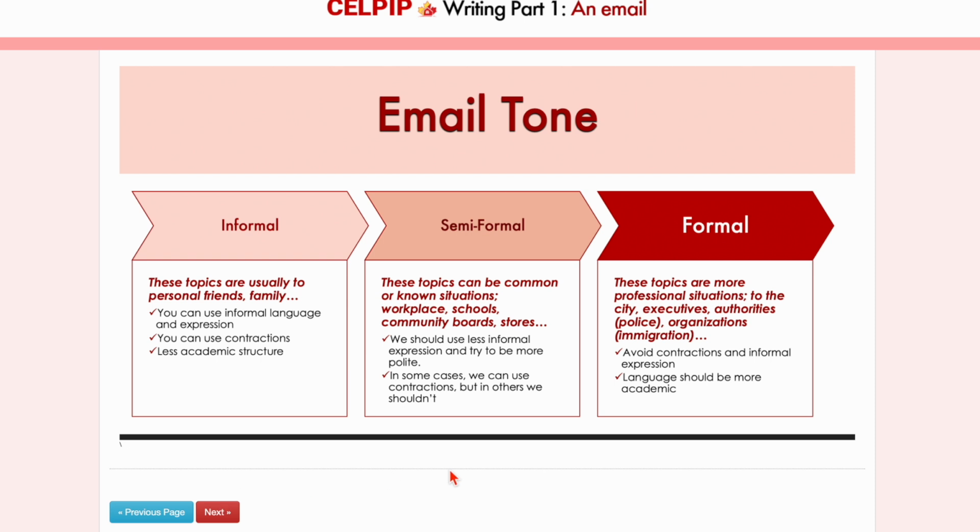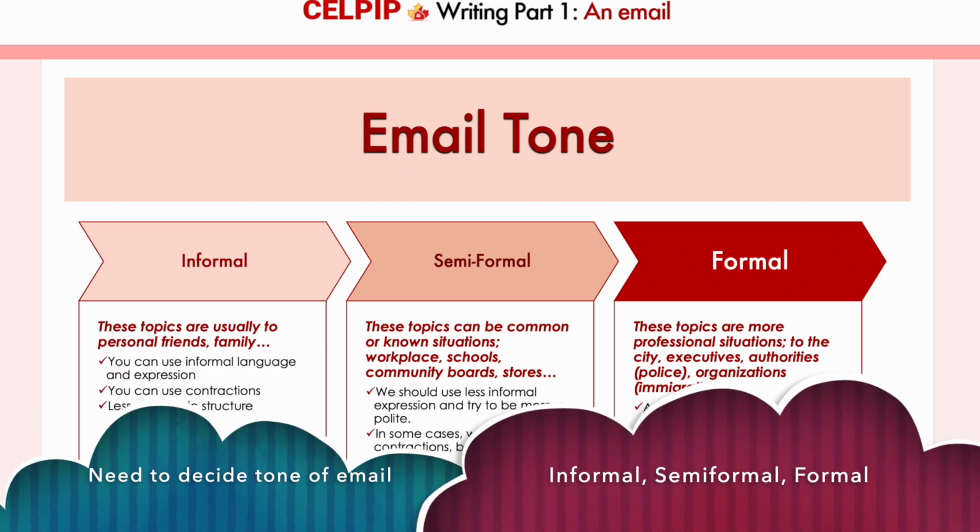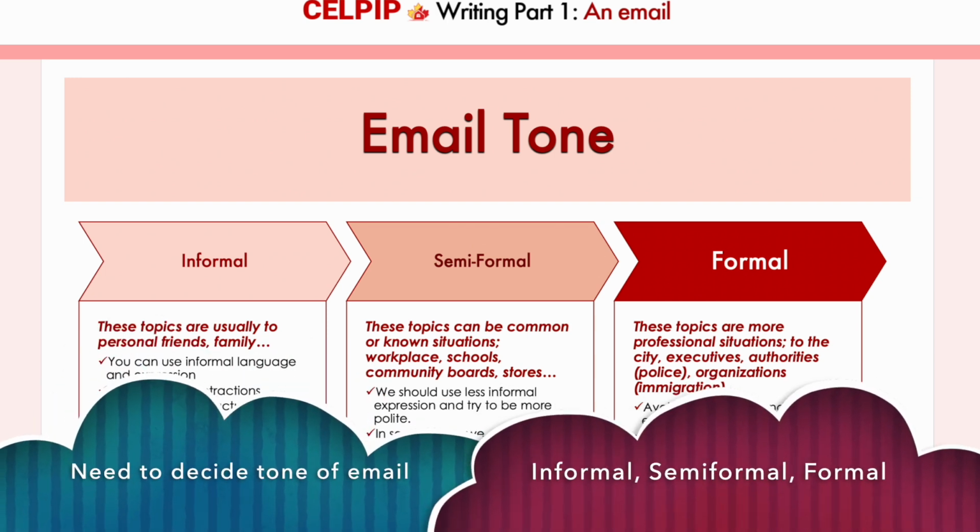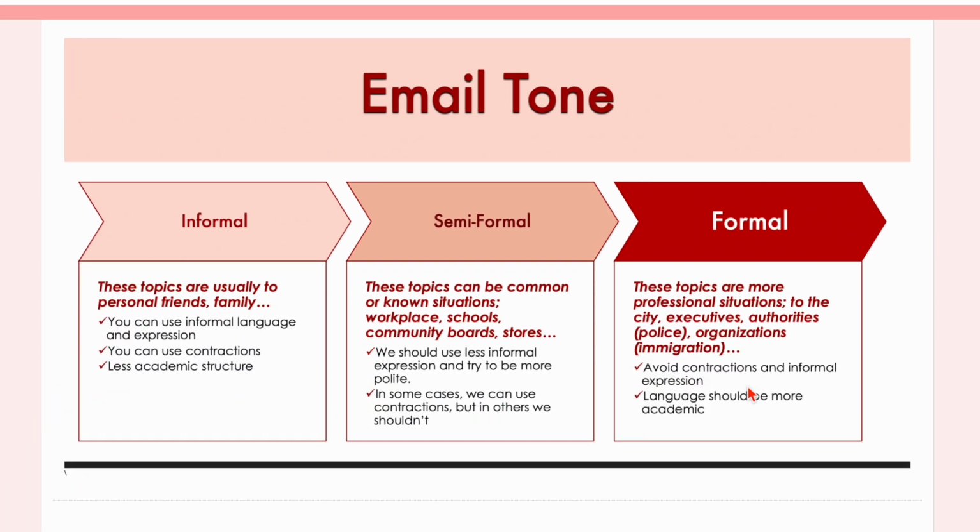The first important thing to know is what tone are we going to write? Informal, semi-formal, or formal? Now it is to the city, so I think that that would qualify as more formal structure, okay? And the only difference is just the way that we express ideas and the language that we use, okay?